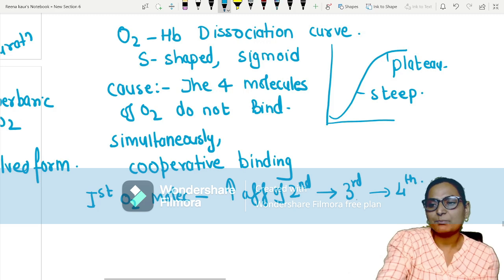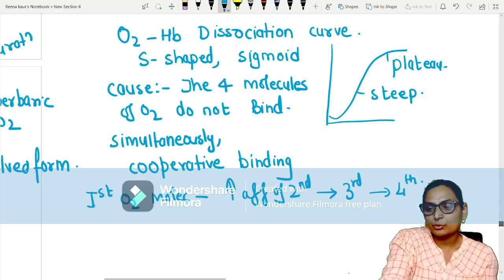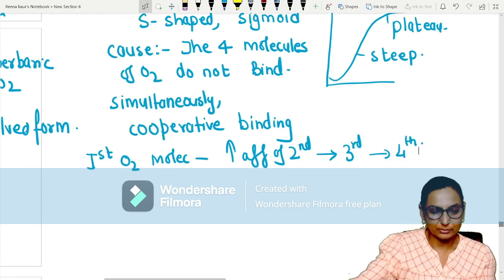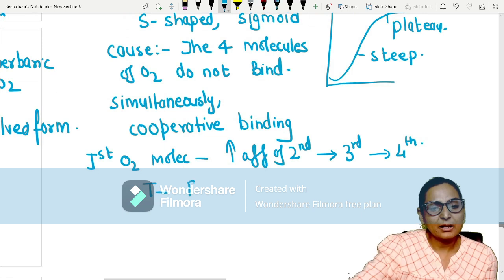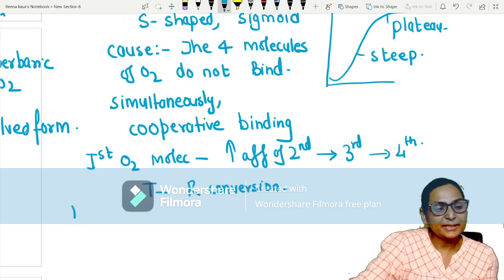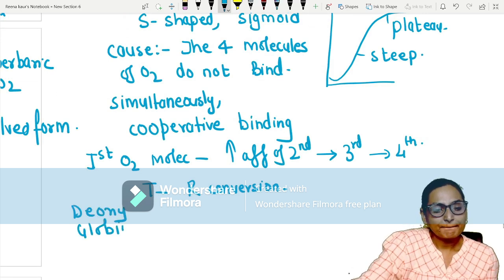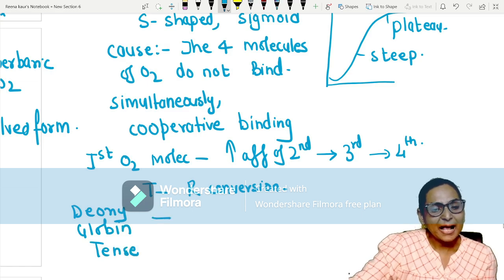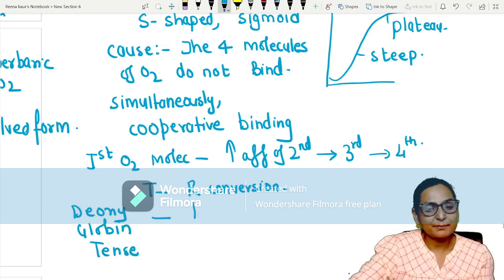There is supposed to be a TR conversion. मतलब the deoxy molecule में जो globin होते हैं they are present in a very tense state and as oxygen binds it becomes relaxed.